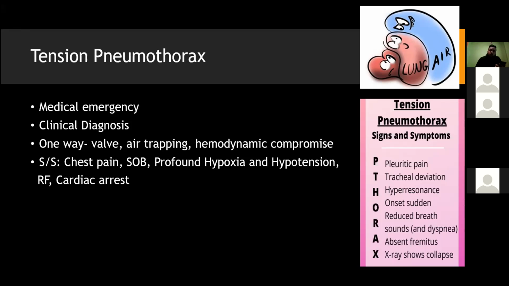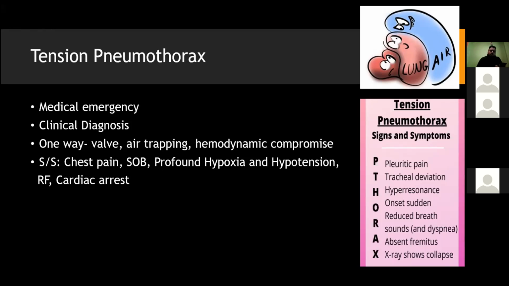Also, it will compress the great vessels like the superior vena cava, and cause angulation of the inferior vena cava, which causes decreased venous return to the heart. Due to decreased venous return, there is decreased diastolic filling, and the heart cannot pump the blood adequately. So people will have hypotension, and it can even be a catastrophic situation.